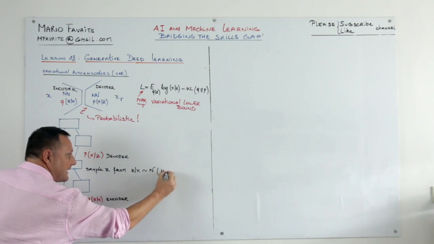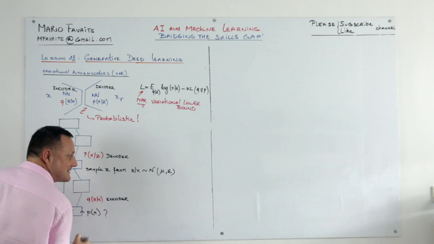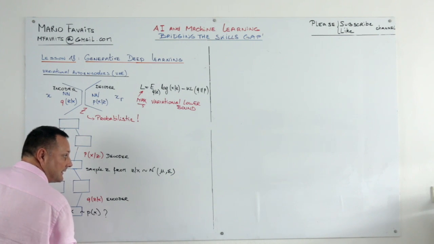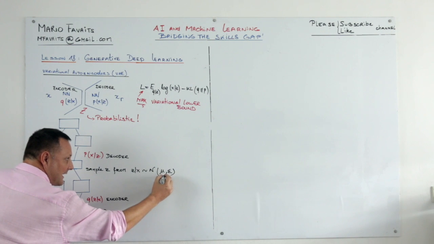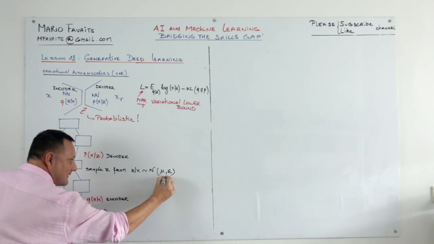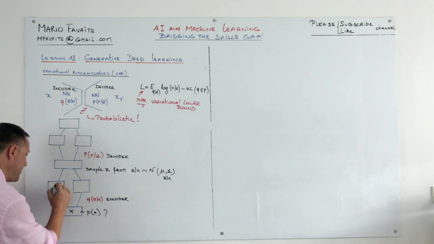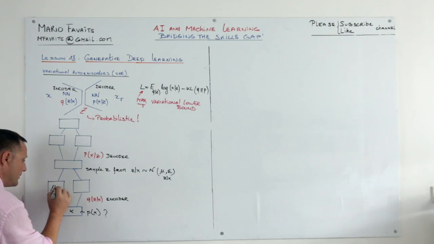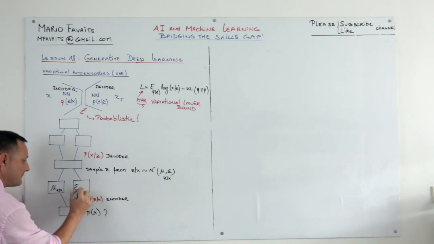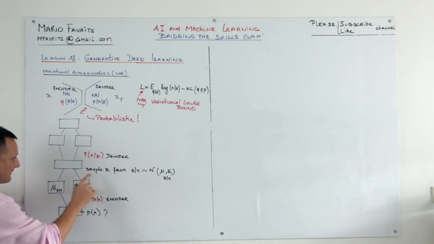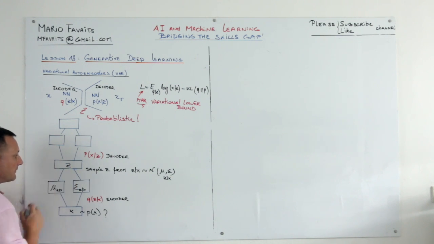It will have a mu and a sigma. So here we have mu of Z given X, and here we have sigma of Z given X. Alright, so that gives you the variable Z.